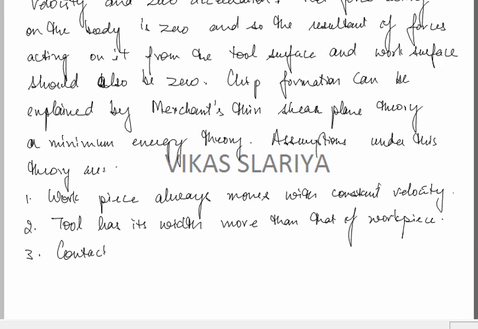Contact forces along the clearance surface is zero.